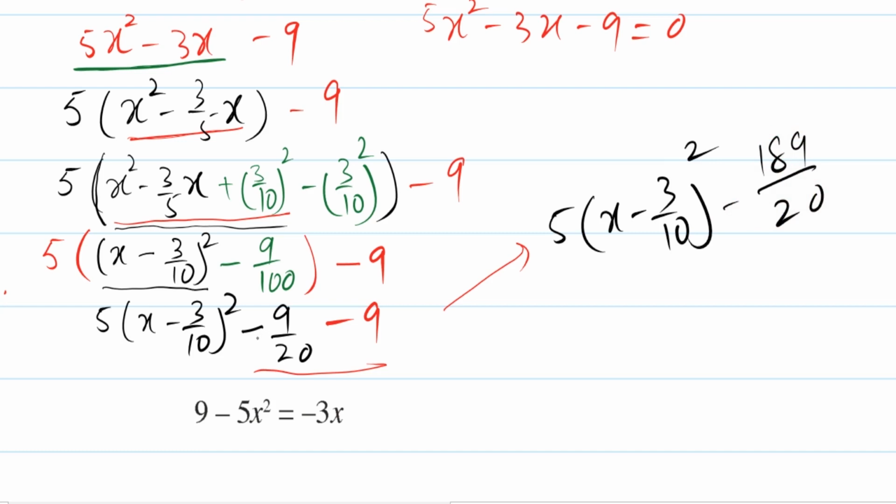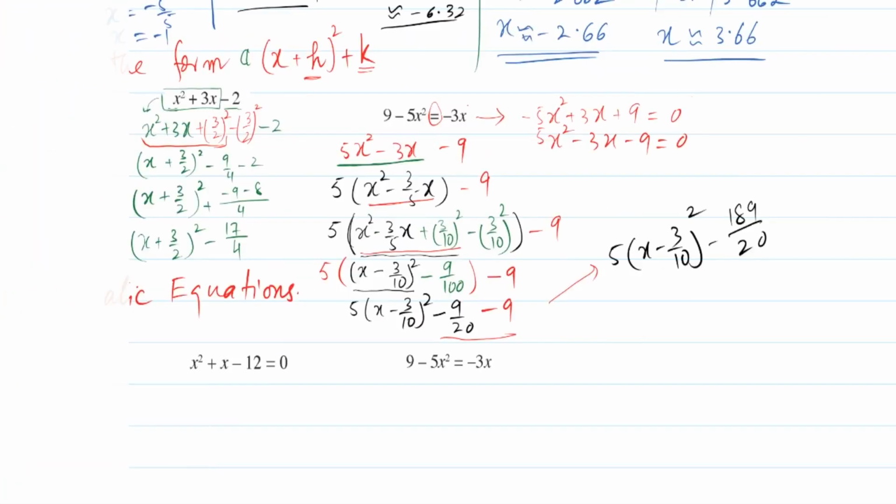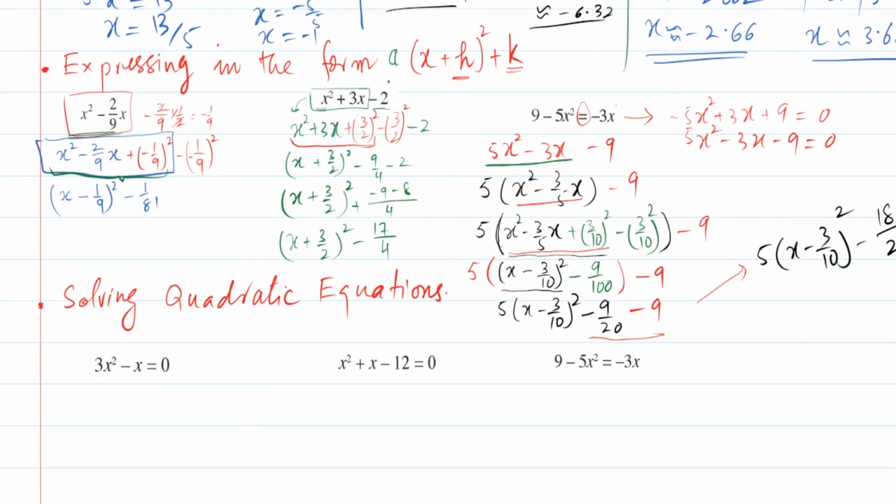This is because both have the same signs, they will be added. So you can add them by taking LCM or whatever method you want to use. This was the second thing I wanted to cover, that was expressing in this form.